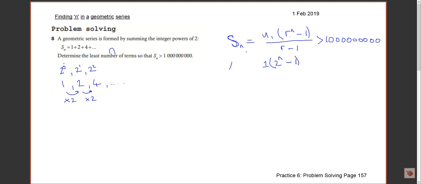I'm still subtracting 1, and R take away 1. What is 2 take away 1? 1. And that is greater than, I'm going to put this as 10 to the power of 9, okay? I'm going to leave you there to try and figure out what to do next, okay? You're trying to solve for n, remember?